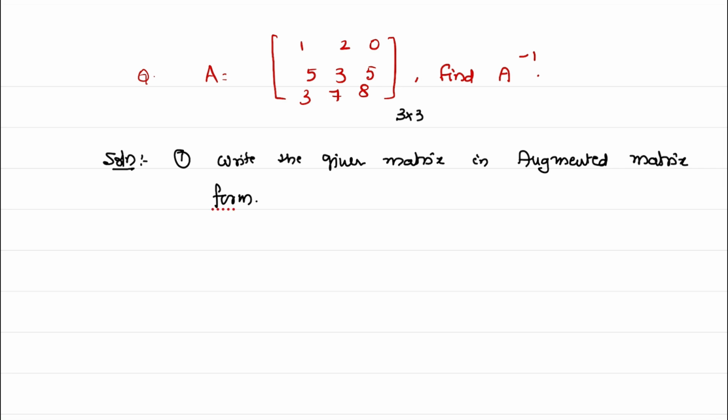If A is a matrix, and I put one small window between A and I, where I is the identity matrix or unit matrix, this is called the augmented matrix.